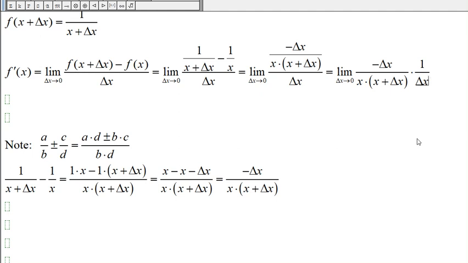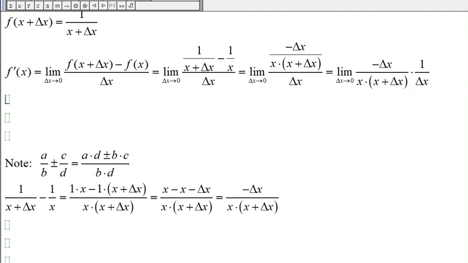And then here we can see that delta x and delta x here will cancel out. And so what's left is this.